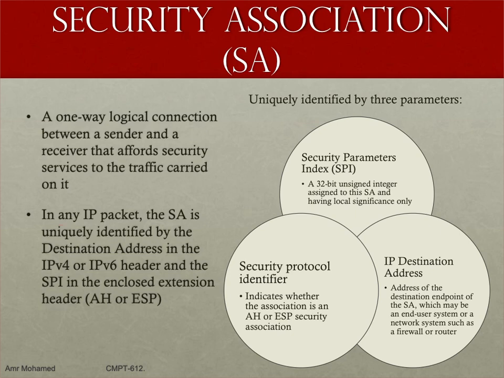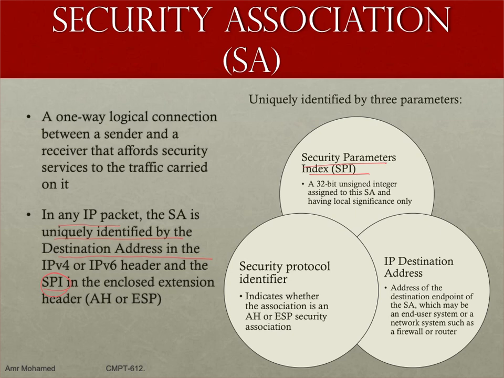Now, for any IP packet, the security association is uniquely identified by a destination address and what we call the security parameter index. So in the security policy database, if the traffic has a match, then we get two things. We get the destination address of that traffic, and we get the security parameter index.